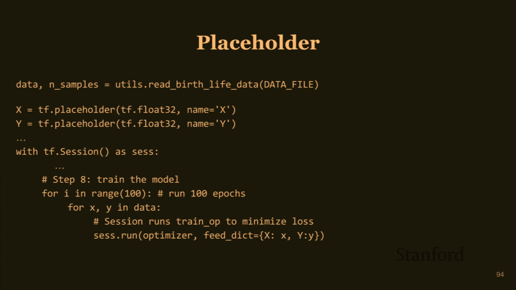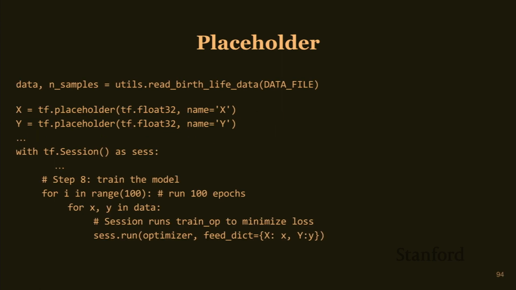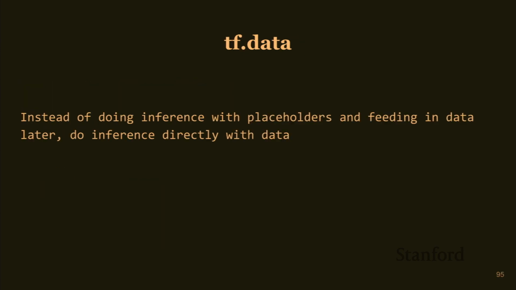So it creates a bottleneck. Instead of having to read in our data into our placeholder every time, is there a way we can do our inference directly on the data instead of feeding data into placeholders? TF.data is a way to do it.